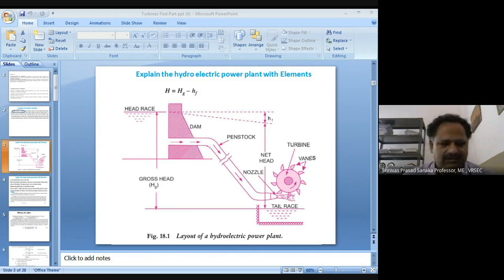This diagram shows that there is a reservoir. The dam is constructed across the river in order to store the water in the reservoir. So here the basic function of the dam is to store the water.